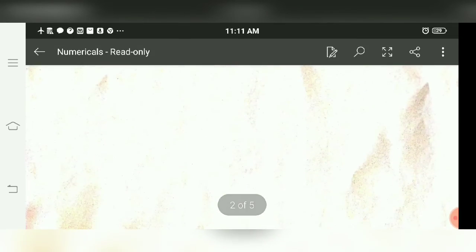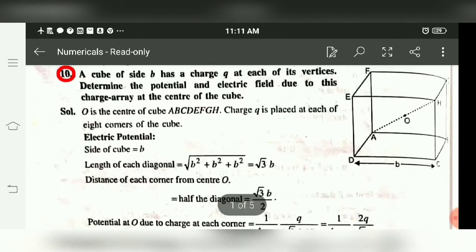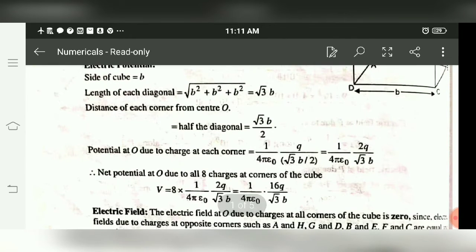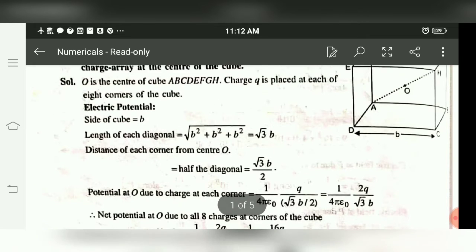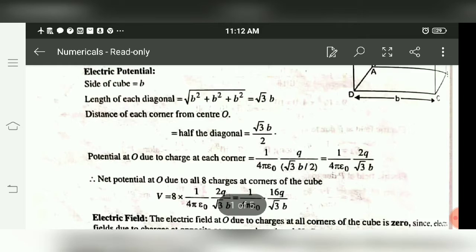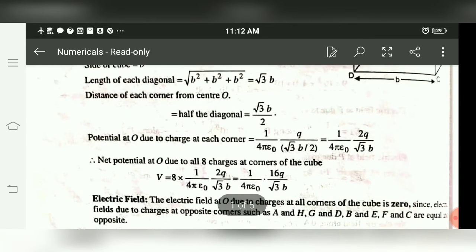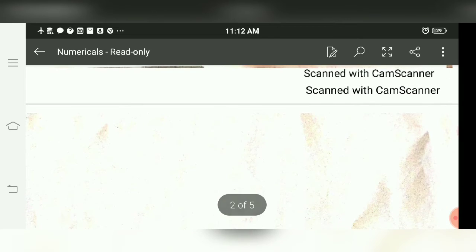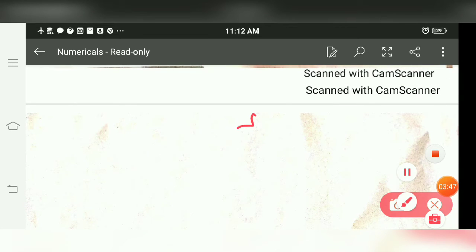Now, once we get the length of the diagonal, we have to take half, because the diagonal of the cube goes from one corner of one face to the opposite corner of the other face. So we divide it by 2, and we get under root 3 b by 2.